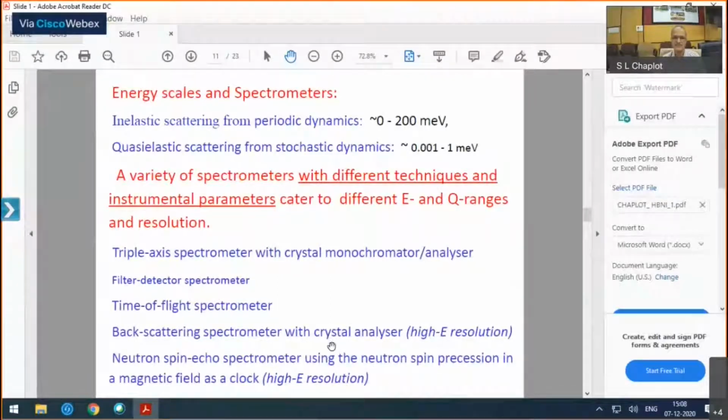So these are backscattering and neutron spin echo. These give a resolution of around 0.001 millielectron volt, about a microelectron volt, whereas these other techniques can give a resolution which is not as good as that, but better depending on the requirements. Okay.